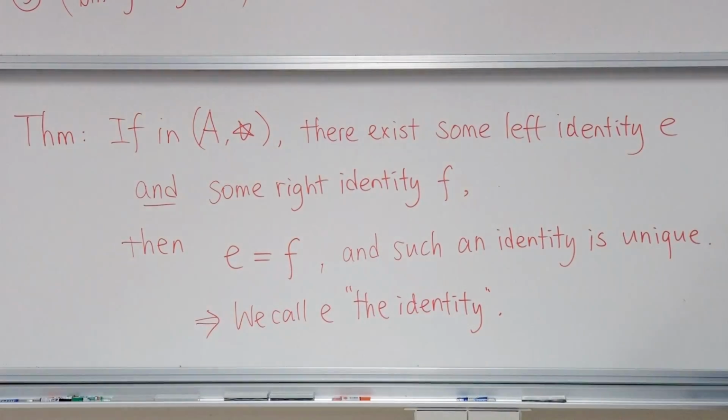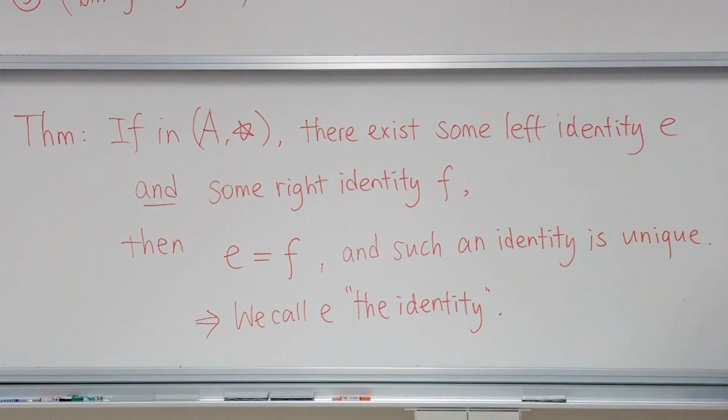Okay? Is that okay? So we have seen examples that can have a lot of identities, or even none. But this is a theorem. It says that if there is some left identity, and there is also some right identity, then this whole thing has only one left identity and only one right identity. And they have to be the same thing, the same element.